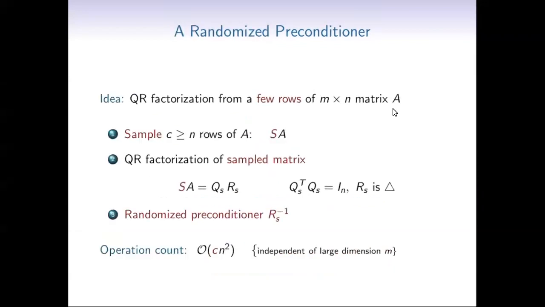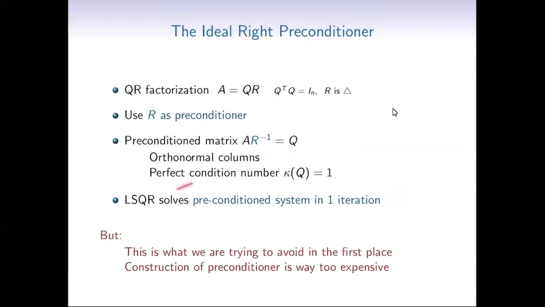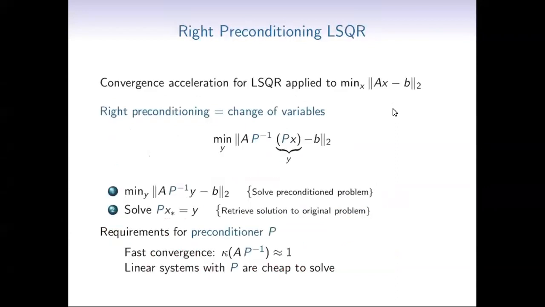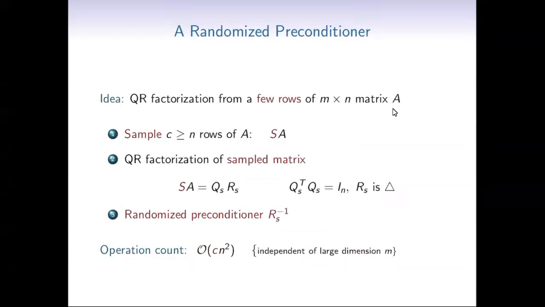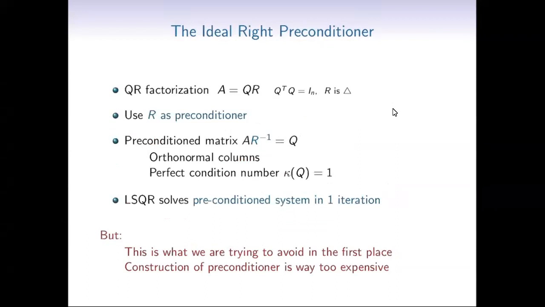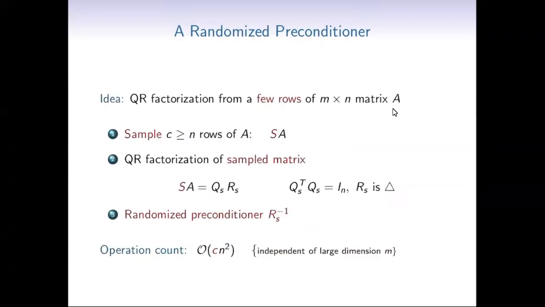So a randomized preconditioner says, well, I'm still going to do a QR decomposition, but not of the whole matrix, only of a few rows of the matrix. We are constructing something that goes on the right-hand side of the matrix, but the way we compute it is by sampling rows of A. So we sample a few rows of A, that gives us a short matrix.